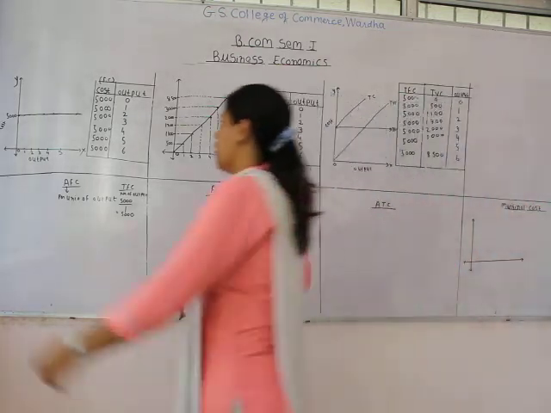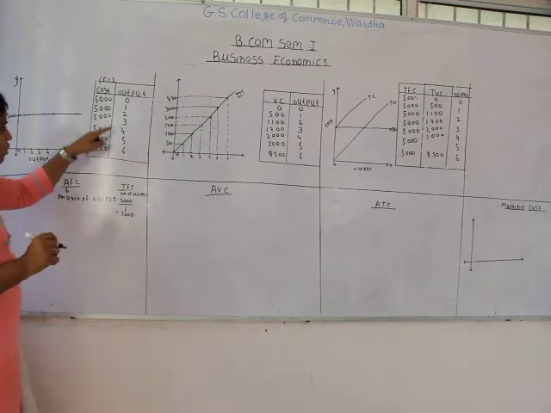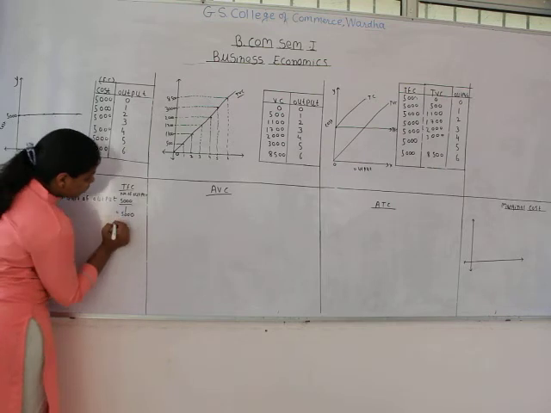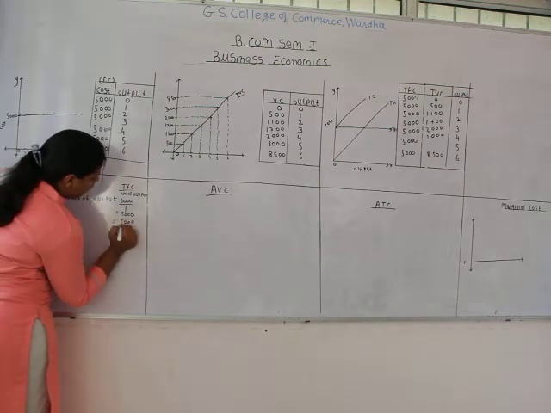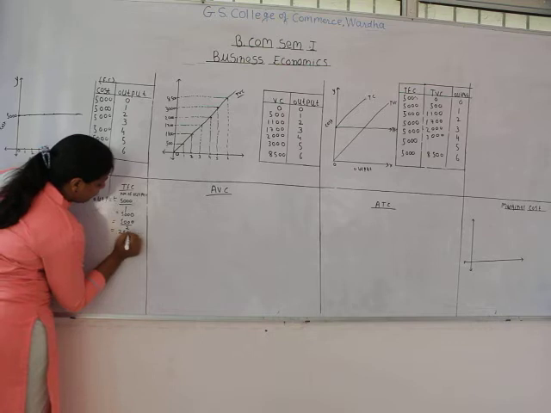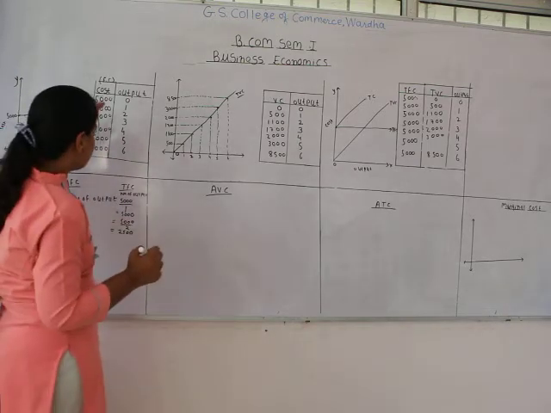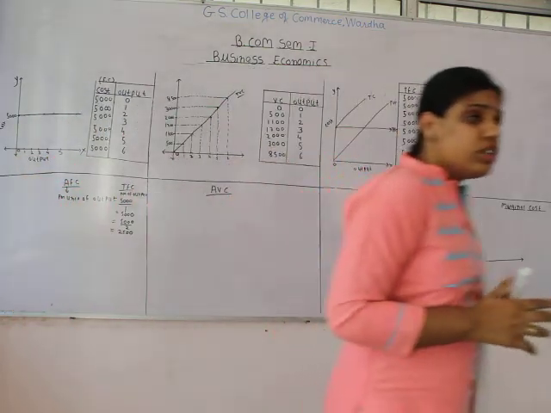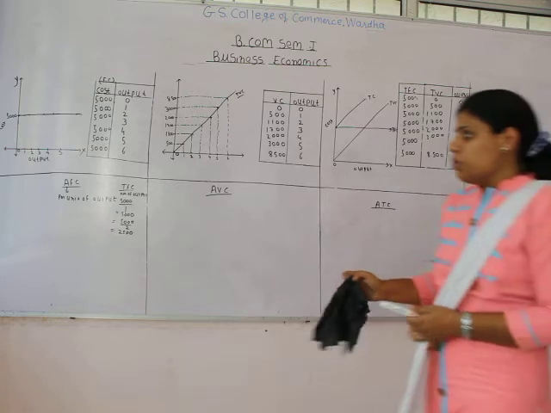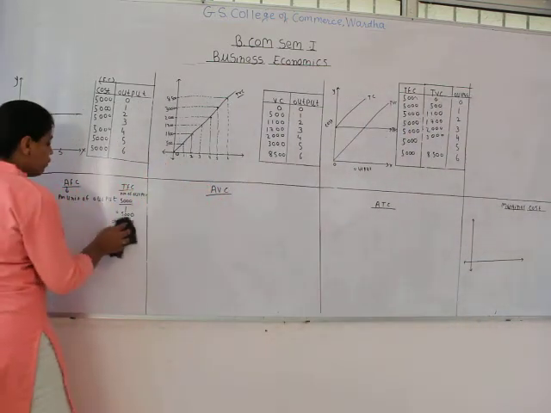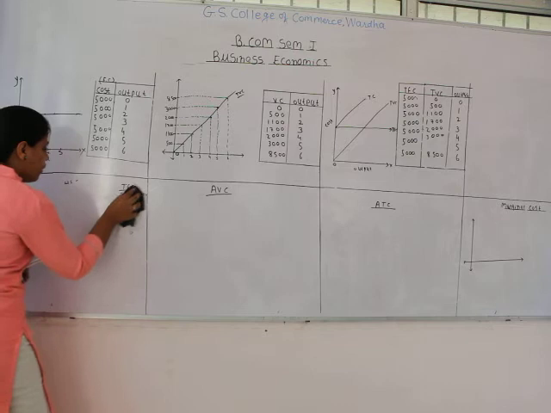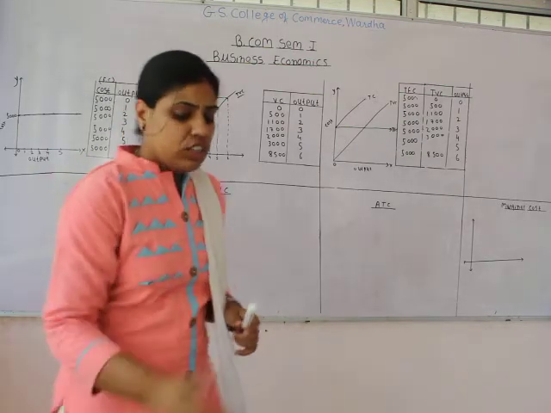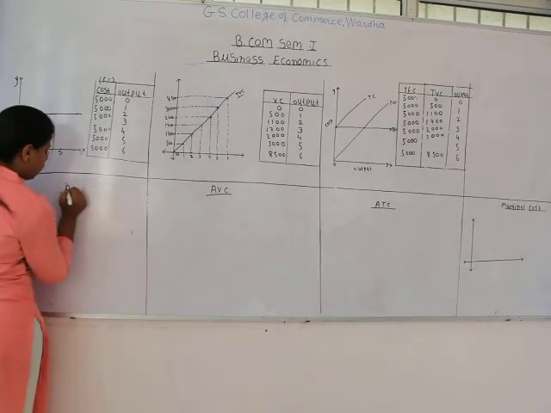When the output is 1, average fixed cost is 5000. But when the output increases to 2, it would be 5000 divided by 2, so it would be 2500. This way, when the output increases further, fixed cost per unit will reduce. So if we talk about the behavior of average fixed cost, it would be as follows.